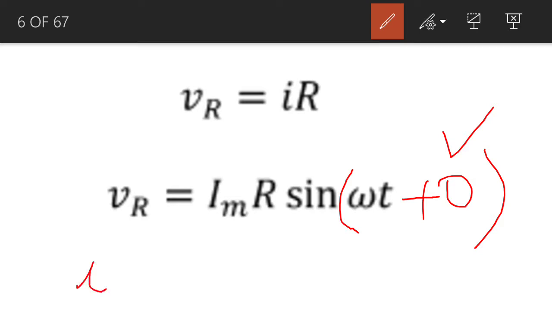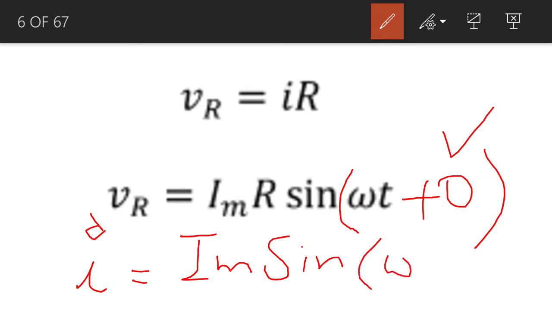Similarly, if we consider the equation for the AC current, we have the maximum value of the current into sine of omega t plus 0. We can write down the equation for the AC current in this form as well.